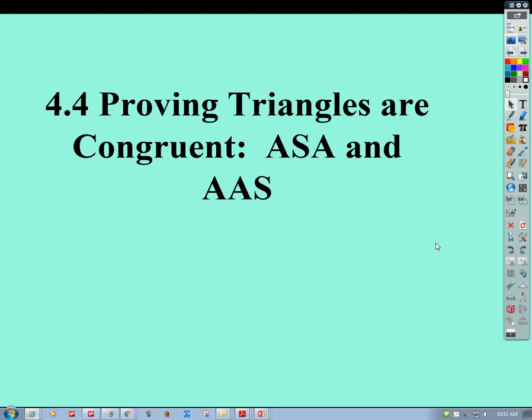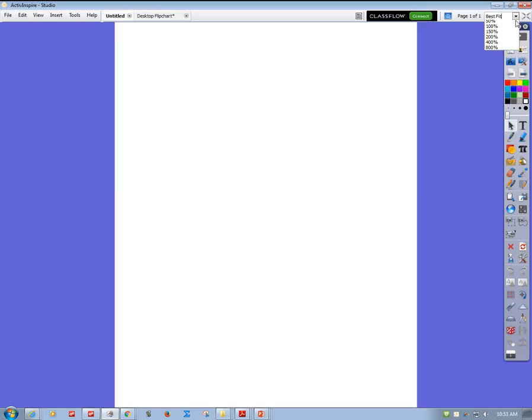We get angle, side angle, and angle, angle, side. So let's look at all the possibilities then that we have, right? We're gonna have four of them. Okay, think what they are. So what are they? What are our four congruence relationships for triangles then?